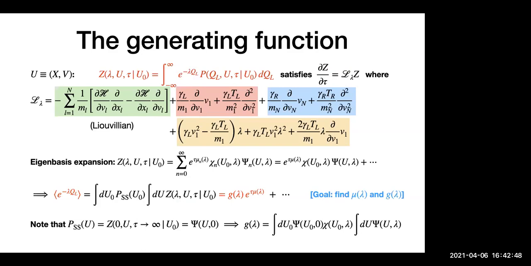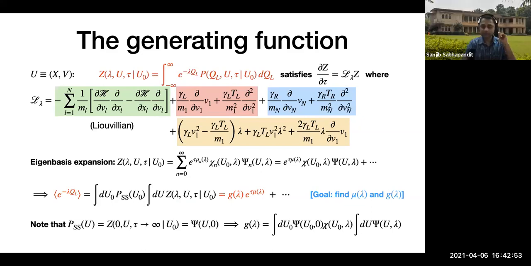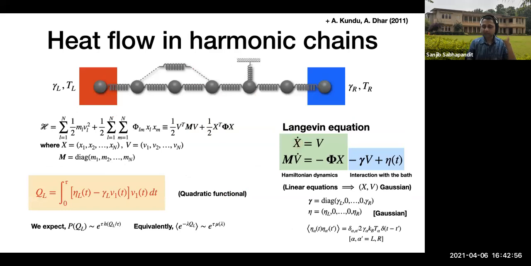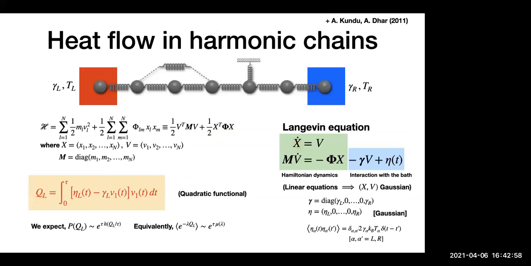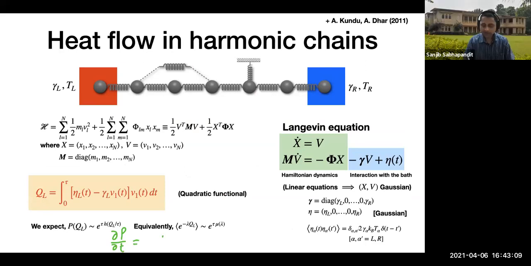Meaning that you are fixing the noise term? No, I'm not fixing. See, given this X, M, and Q, I could have written down a Fokker-Planck equation which says that your noise has gone inside the Q. Let's not call this L, but let's call it a script L, acting on P(Q, U, tau) given U0.